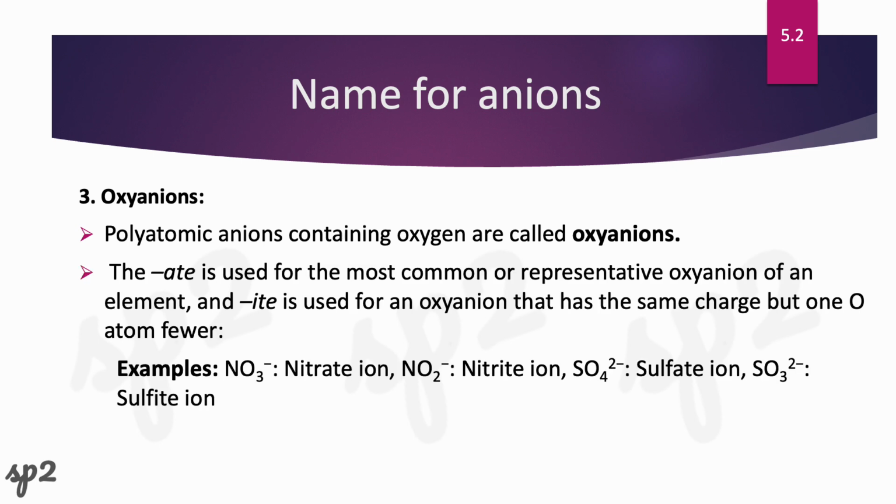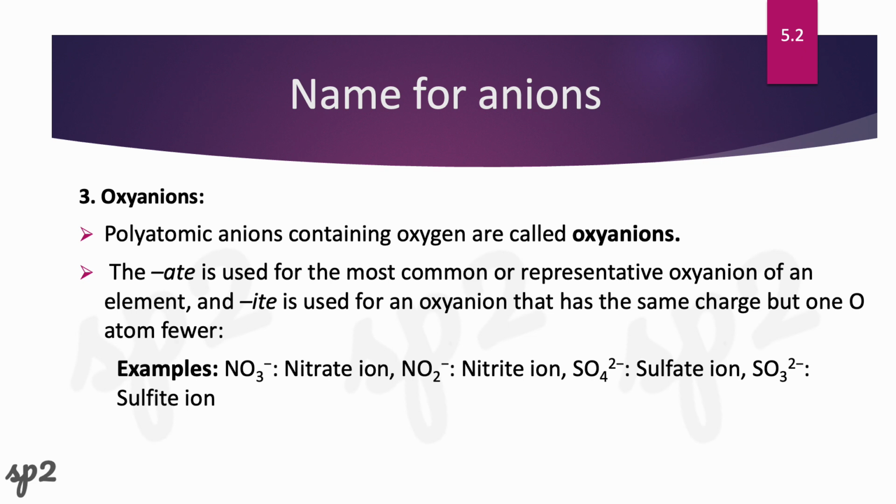Okay, so the -ate is used for the most common, also known as the representative oxyanion of that element. And then the -ite is used for an oxyanion that has the same charge, but one oxygen atom fewer. What do I mean by that?